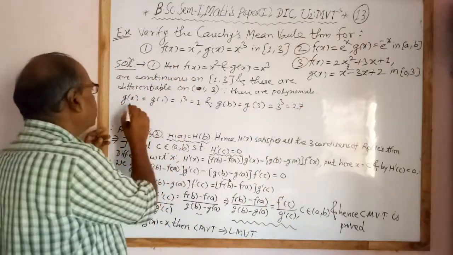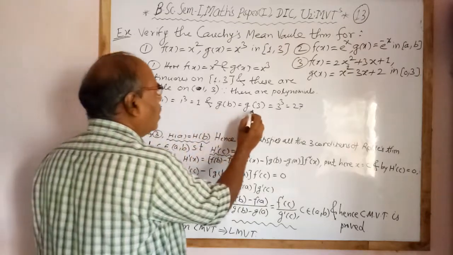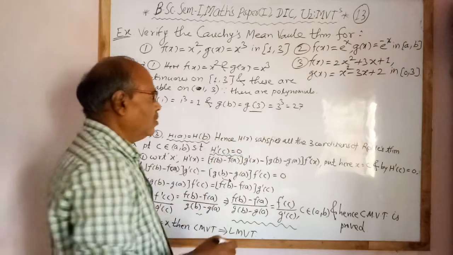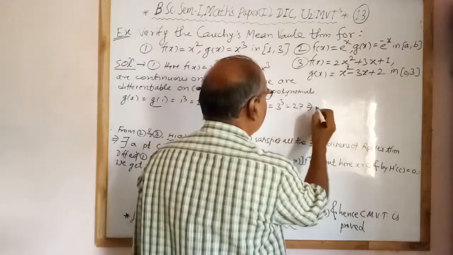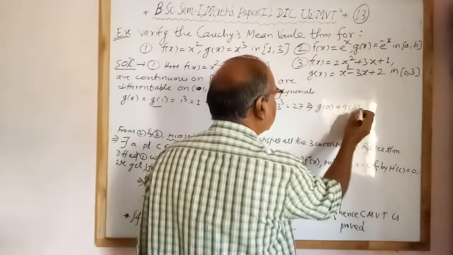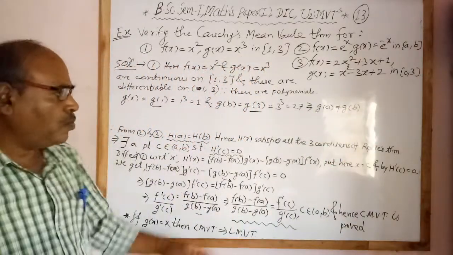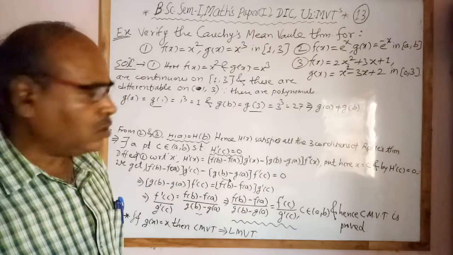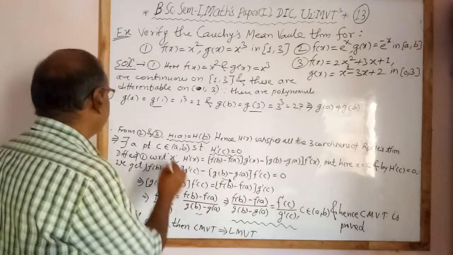Therefore, observe that g of 1 and g of 3 are not equal. Here we get 1, here we get 27. This implies g of a is not equal to g of b. Therefore, all the three conditions of the Cauchy's mean value theorem are satisfied.